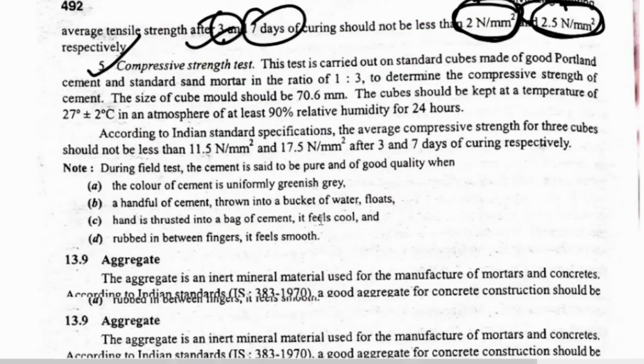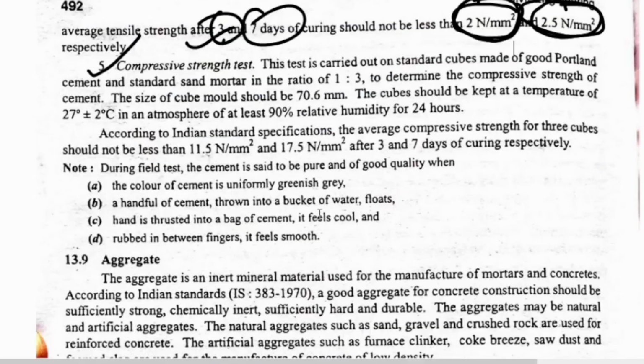Number 5. Compressive strength test. This test is carried out on standard cubes made of good Portland cement and standard sand mortar in the ratio of 1:3 to determine the compressive strength of cement.